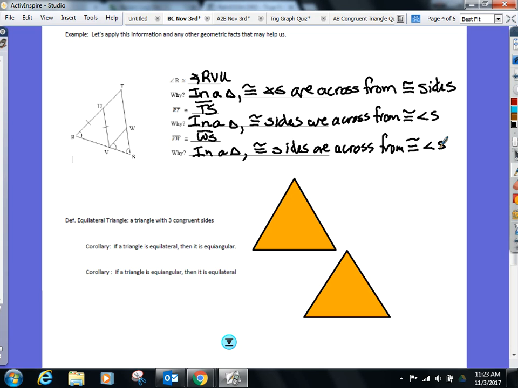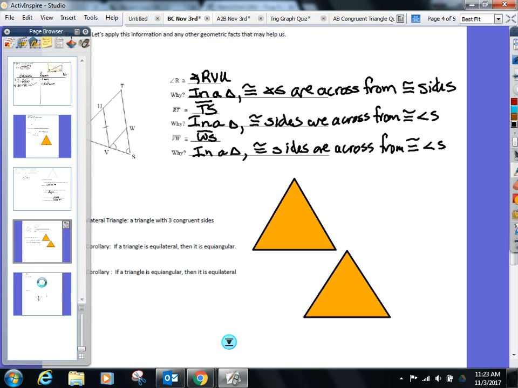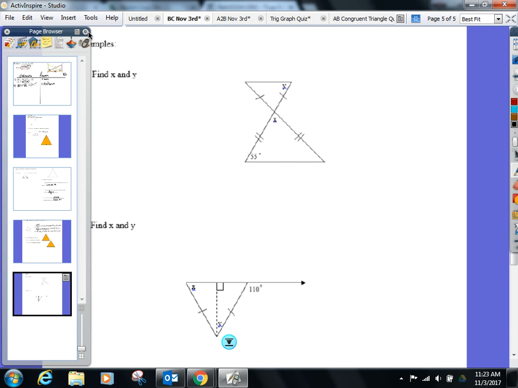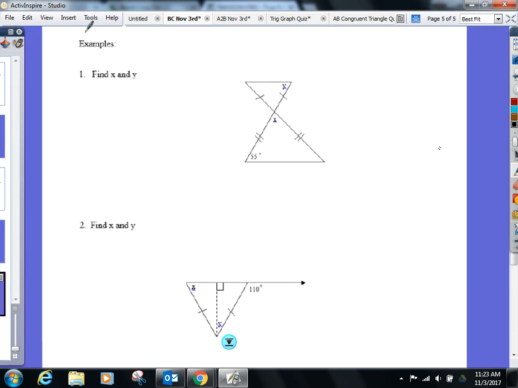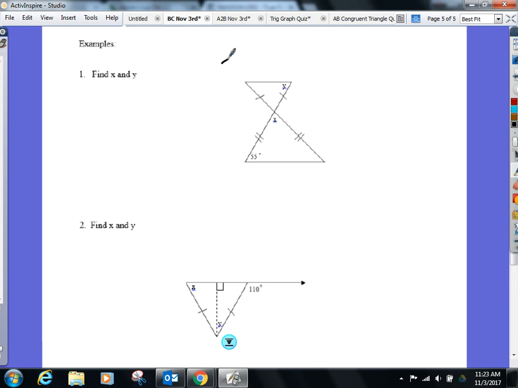Okay, there's a couple things you guys need to add on because I didn't put a couple angle measurements in here. For the first example, this angle right here is 70 degrees. And I don't believe on number 2 right below it, I don't believe I marked these congruent.